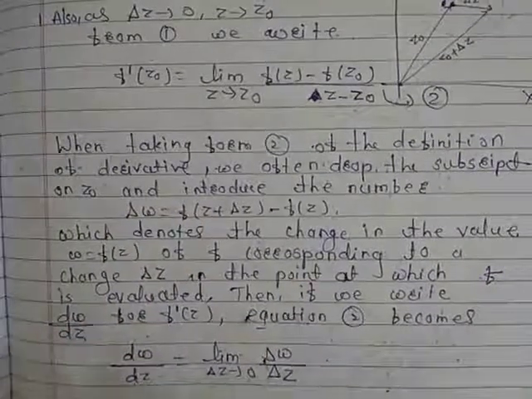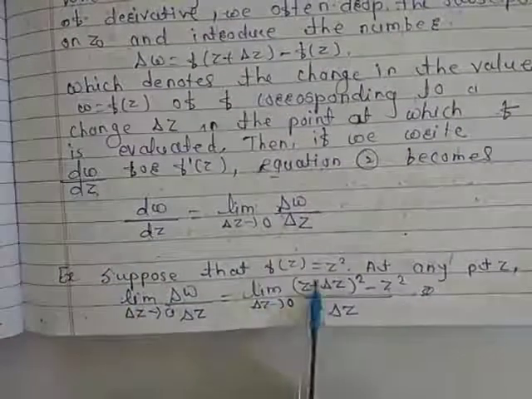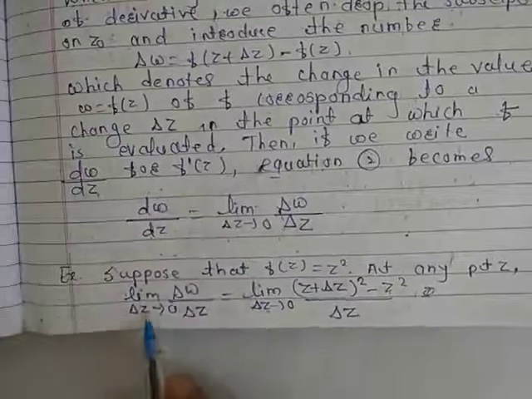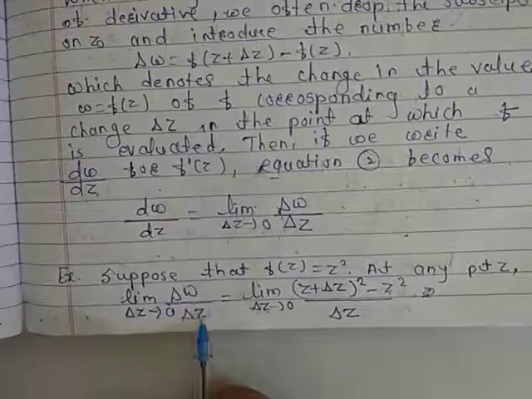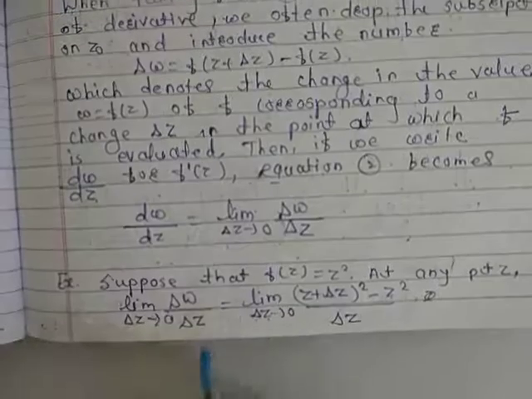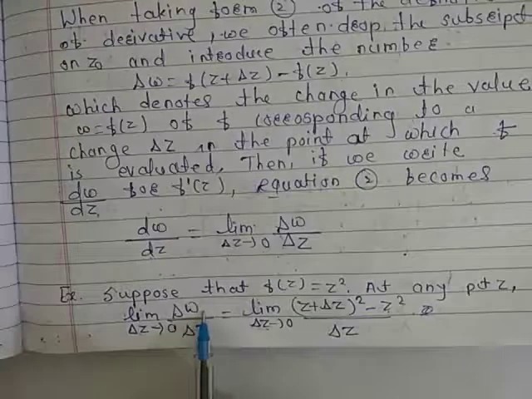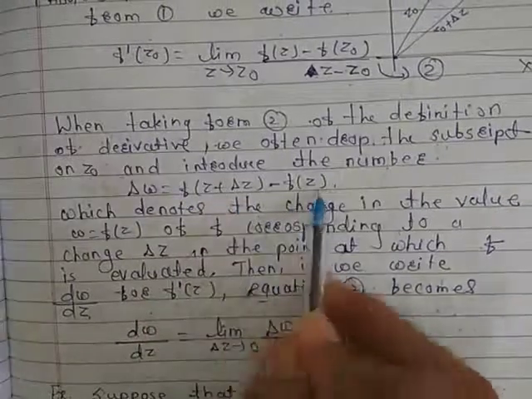Okay. Let us see an example. Suppose that f of z is equal to z squared at any point z. Limit delta z tends to 0 of delta omega upon delta z. We will use here the definition of derivative. Delta omega is nothing but f of z plus delta z minus f of z.